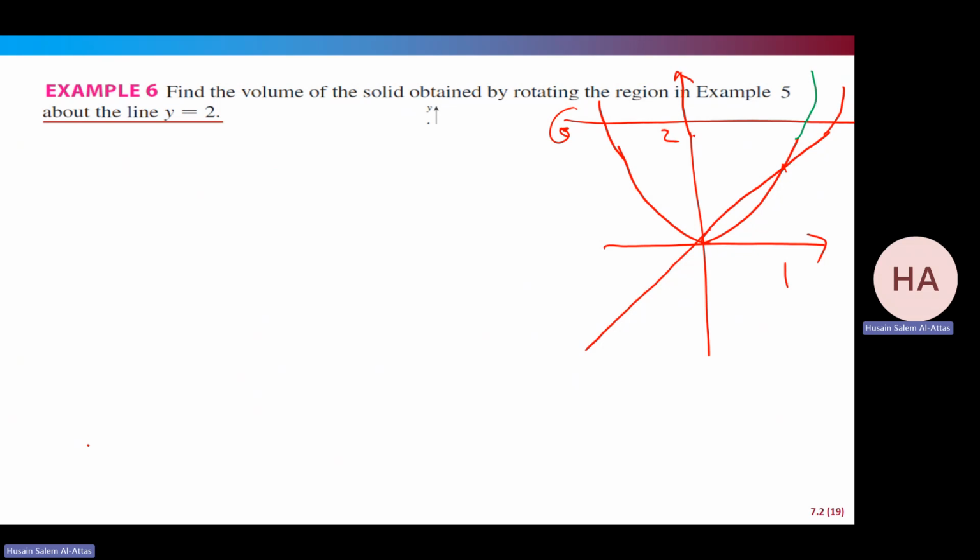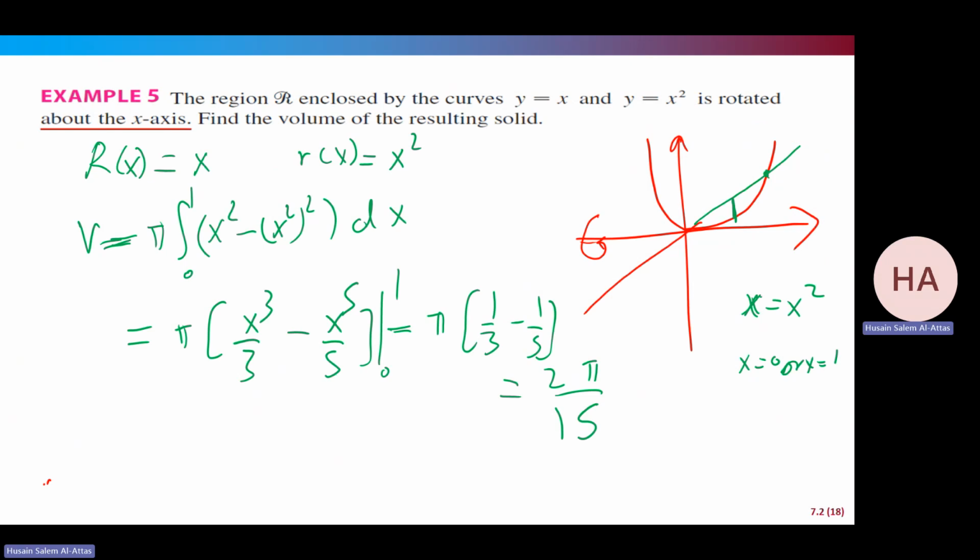The capital one will be the outer radius. In this one, the outer radius is from here to here. And the inner radius will be this to 0. This is the way to think about it.